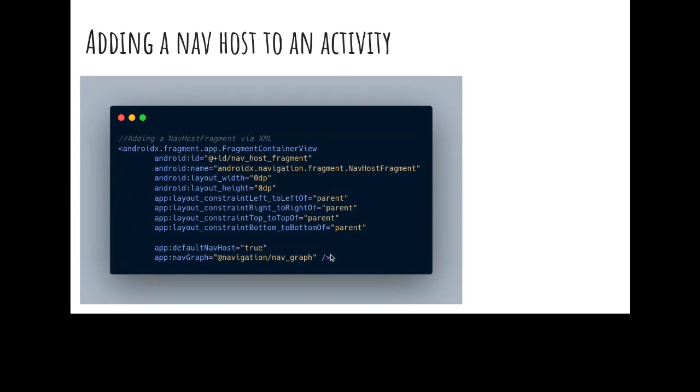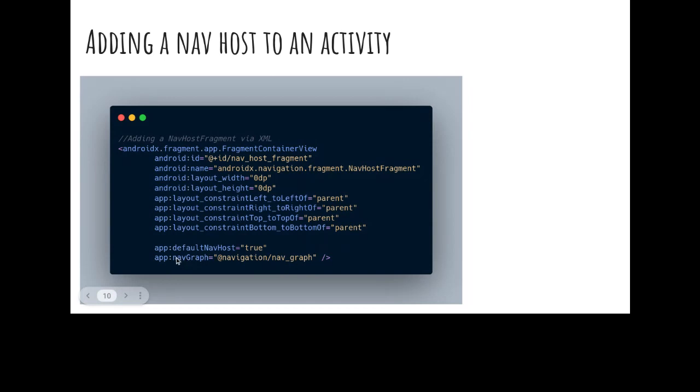This should be located in the activity layout file. If you have a main activity file, then the layout for the main activity is called, let's say, activity main.xml. It should be located there. So the fragment container view should be located inside the layout file for your activity.